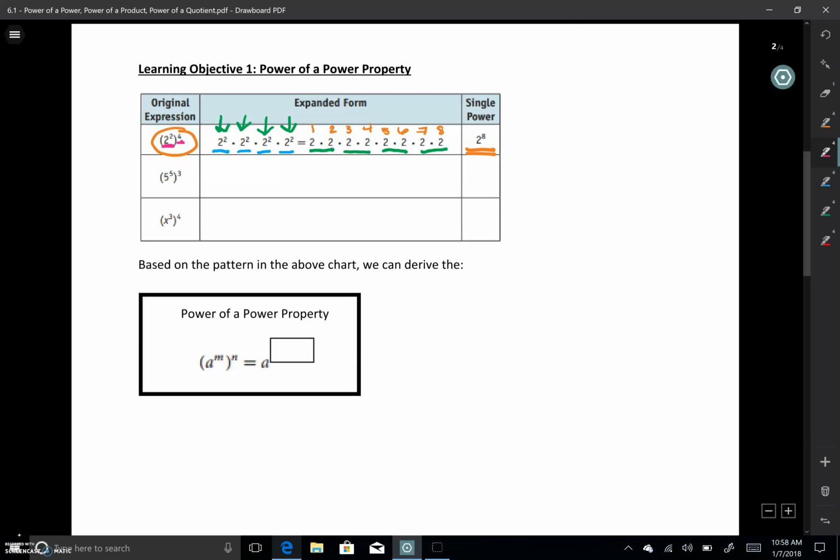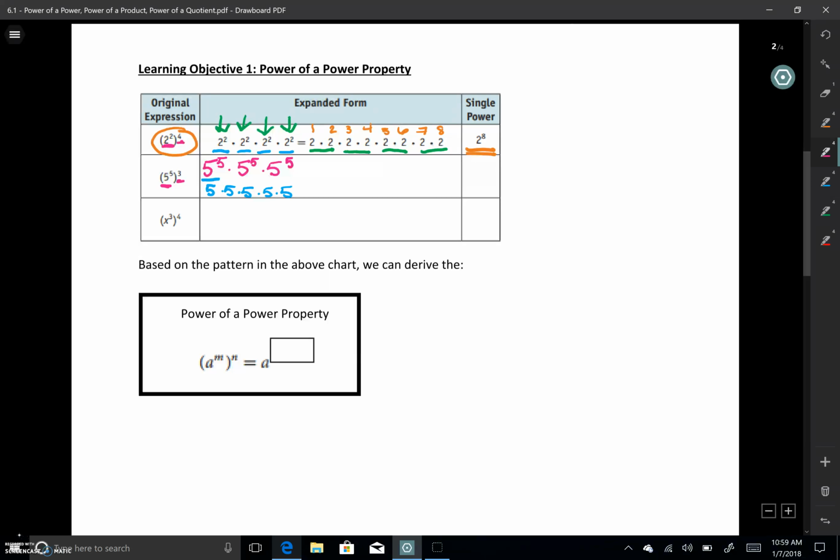So my original expression for the second line is 5 to the 5th power, all raised to the 3rd power. So that means I need 5 to the 5th 3 times. 5 to the 5th times itself 3 times. I'm going to expand it even further and write it out as each 5 to the 5th. So for my first 5 to the 5th, I have 5 times 5 times 5 times 5 times 5.